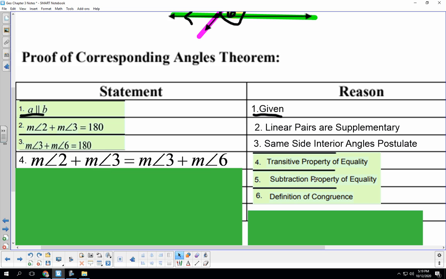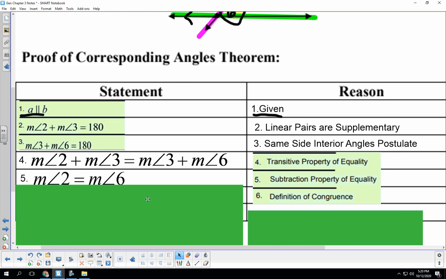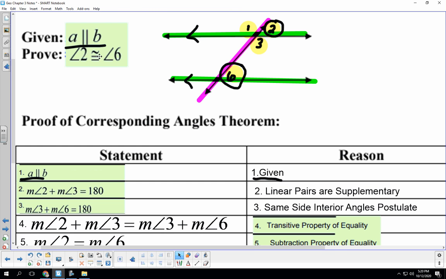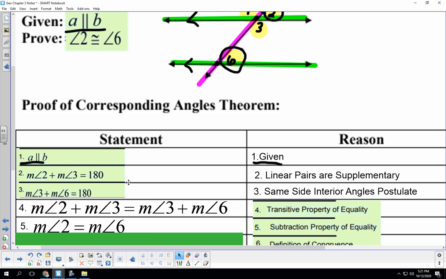Now we're going to use the subtraction property. We're going to subtract out angle 3 because we only want 2 and 6. All right, so I will go ahead and sneak that in there. We're minusing out the measure of angle 3.